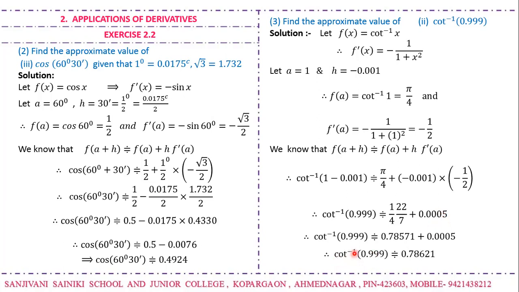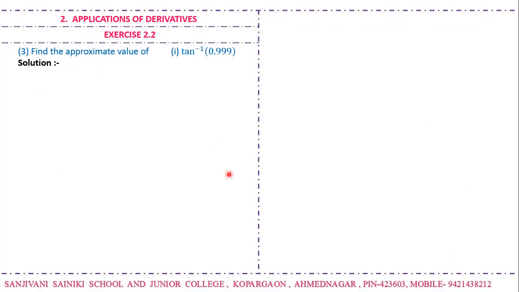So cot inverse of 0.999 is approximately equal to 0.78621. Now find the approximate value of tan inverse of 0.999.